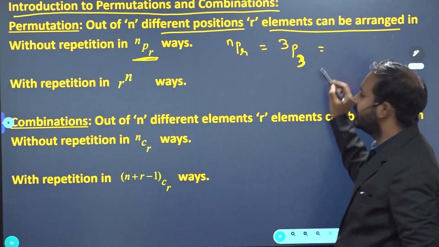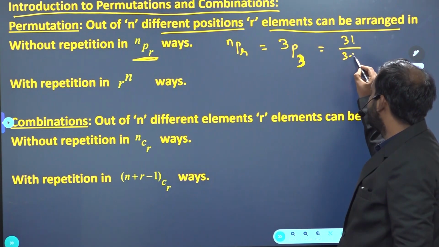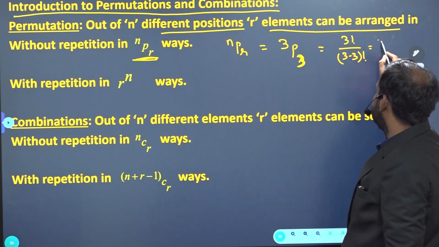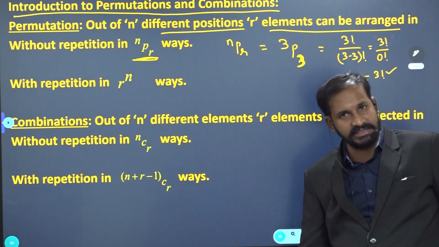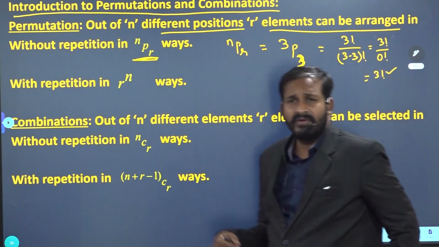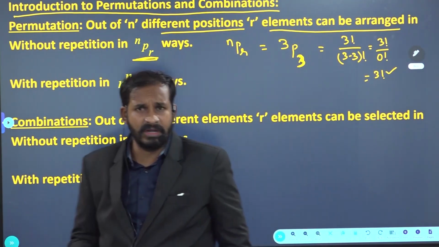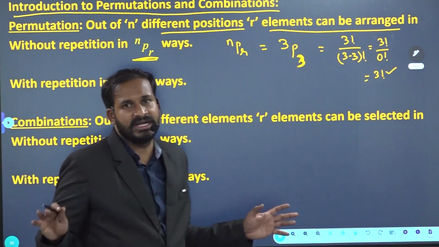So what it becomes indirectly, please observe here, students, 3 factorial by 3 minus 3 factorial, which in turn becomes 3 factorial by 0 factorial. Just now I told you 3 factorial. So if you go with the formula also, you will get the same answer, but in general, very rarely we are going to use the formulas. We will try to solve the problems by this understanding only.